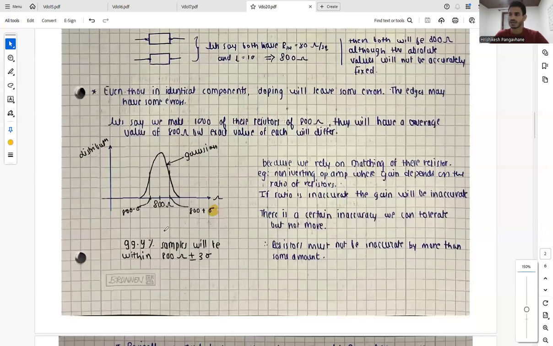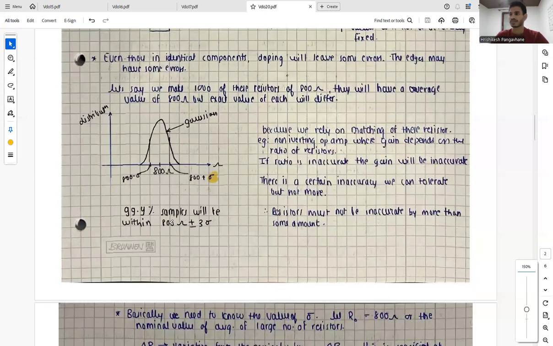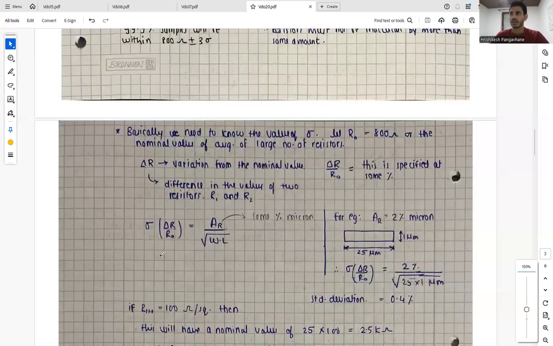From the Gaussian graph, we can say that 99.9% of samples from the 1,000 resistor lot will be within the range of 800 ohm plus minus 3 sigma. So we need to know the value of sigma. Let R naught be 800 ohm, which is our nominal value, the average of a large number of resistors.